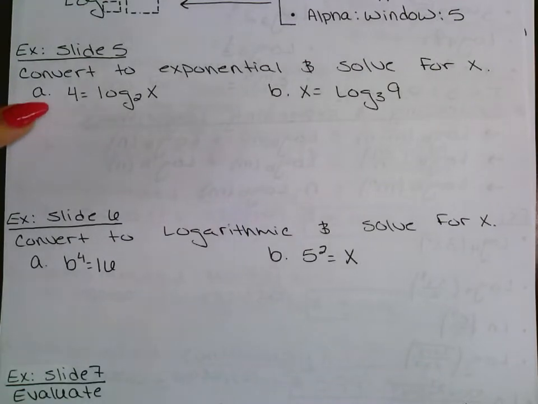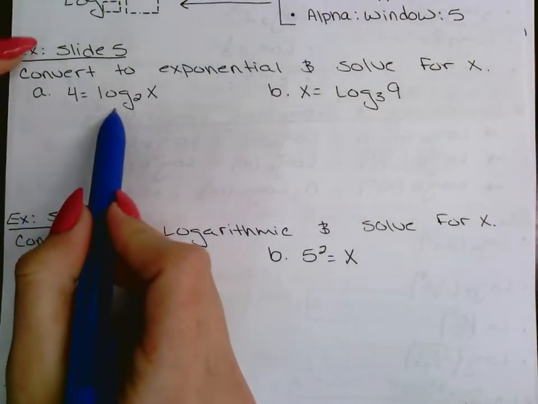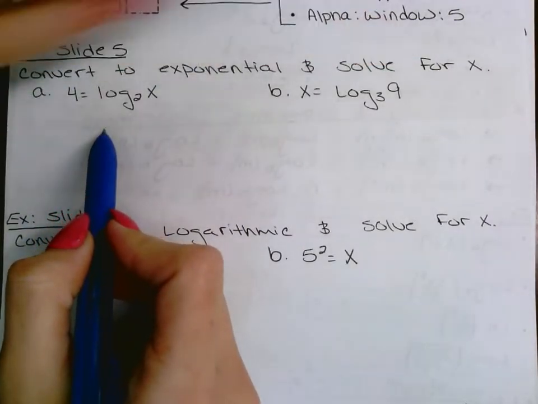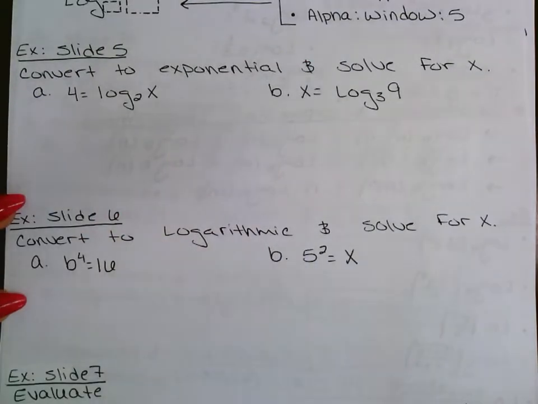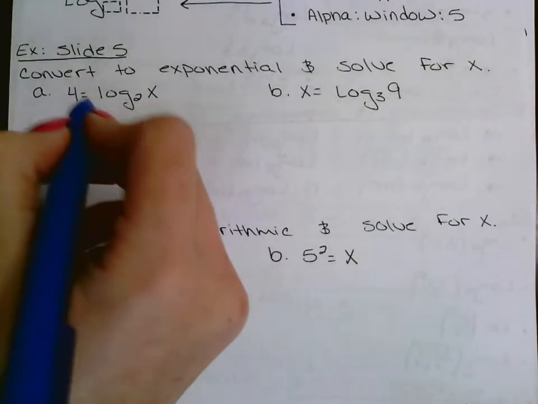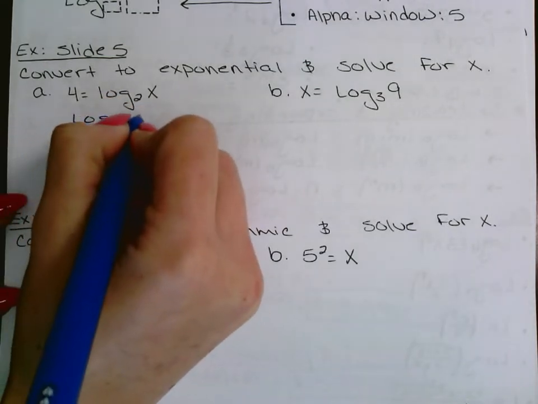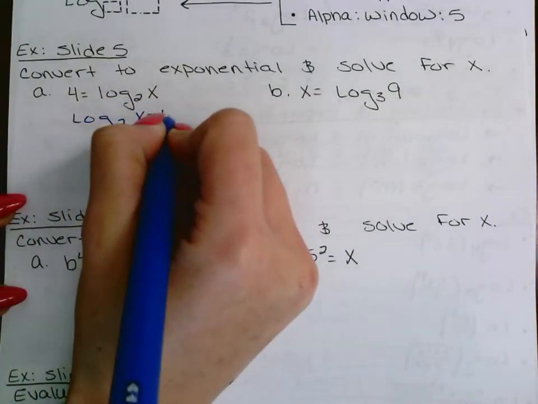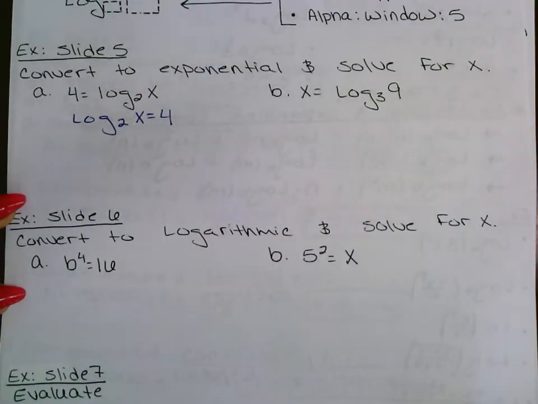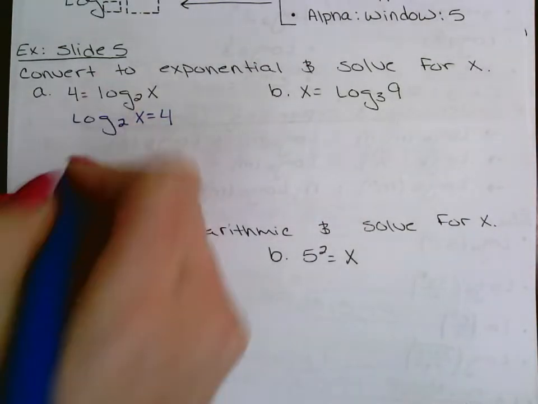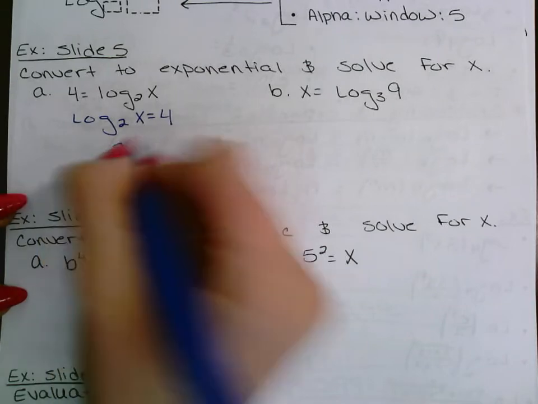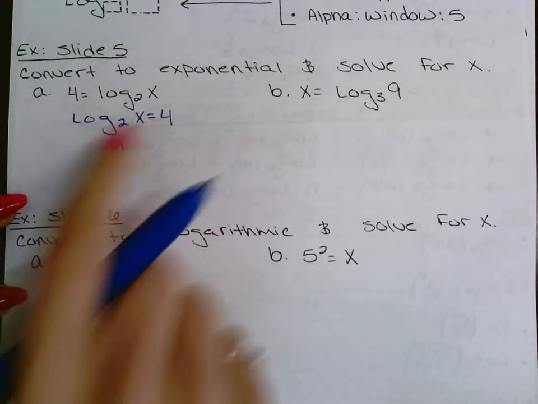So let's look at A here. It's in the form of log, and I want you to convert to exponential and solve for x. The first thing I'm going to do is rewrite it so my log is first, so it looks like my notes. And I could say log base 2 of x equals 4. Now when I want to convert, I drop the base, so I put 2. And then I switch the location of these two.